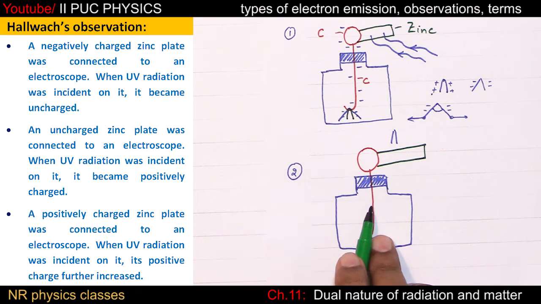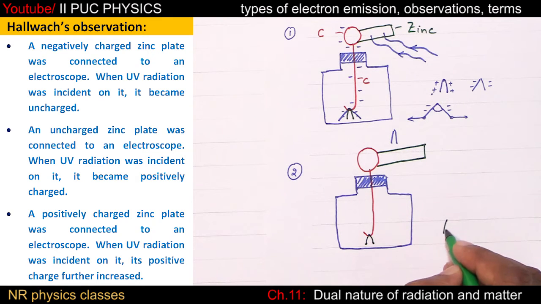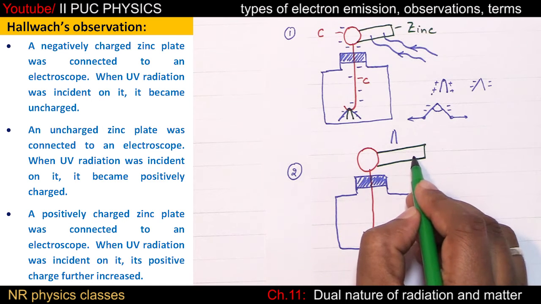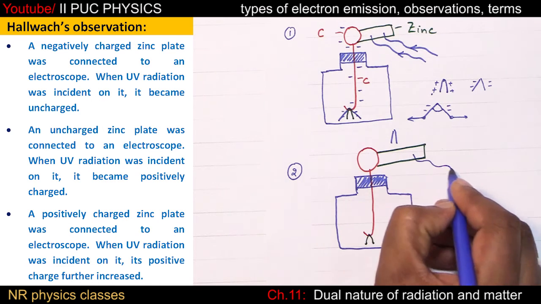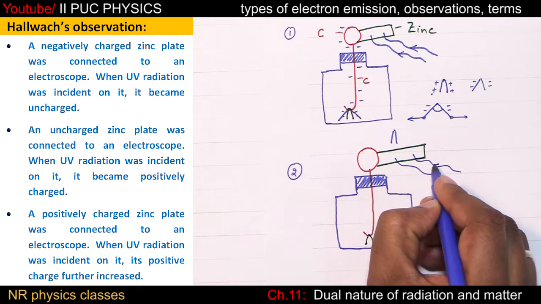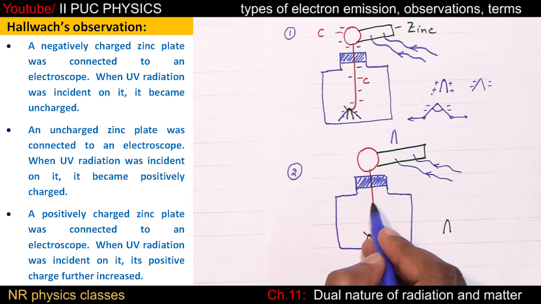This is a neutral electroscope. Neutral electroscope means there is no force of repulsion on these two ends, therefore the angle will be less, something like this. If ultraviolet radiation is incident on this, he observed charging of the electroscope. It became positively charged.